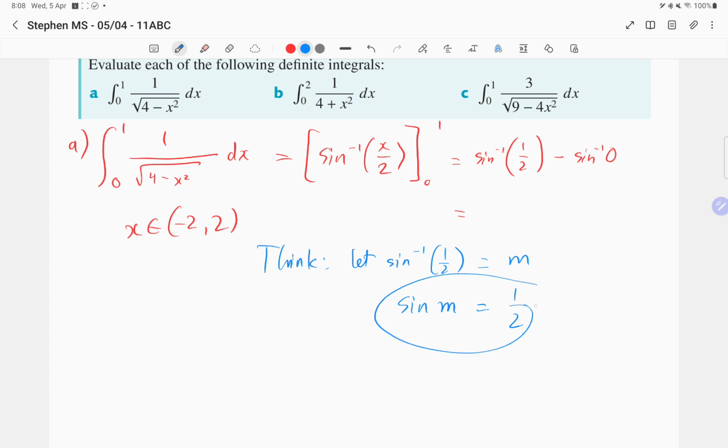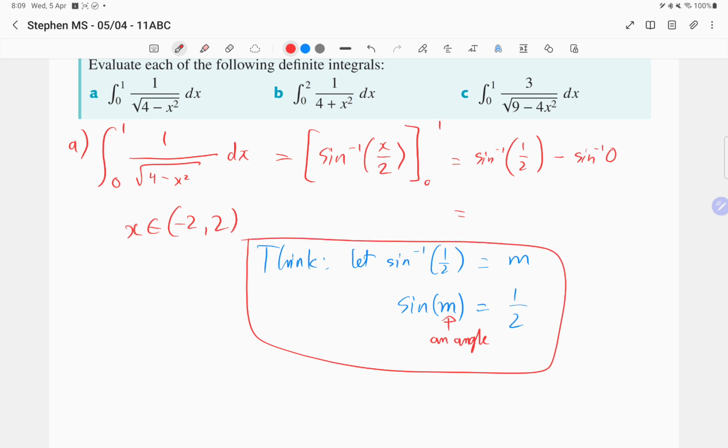You get sine of something equals 1/2, and so you inverse sine of whatever that is, and you get the value inside. Remember, m is an angle. So basically they're asking, what angle gives you sine equals 1/2? 30 degrees.